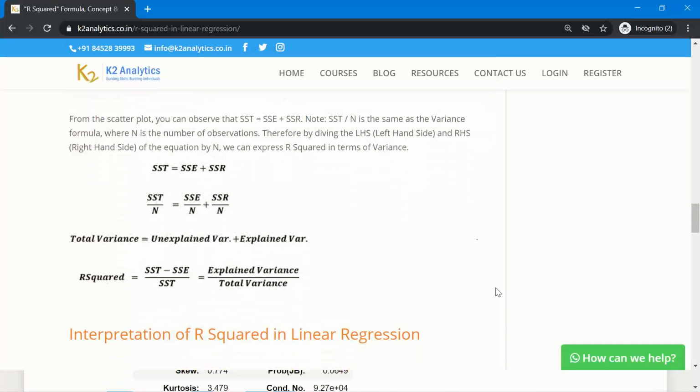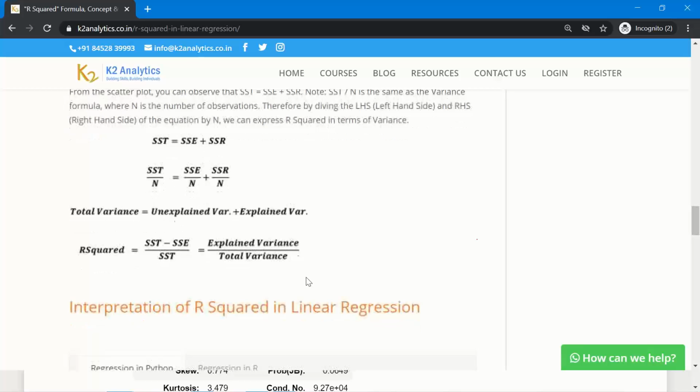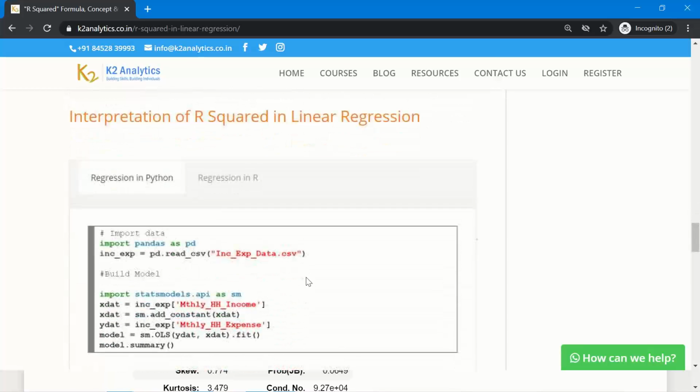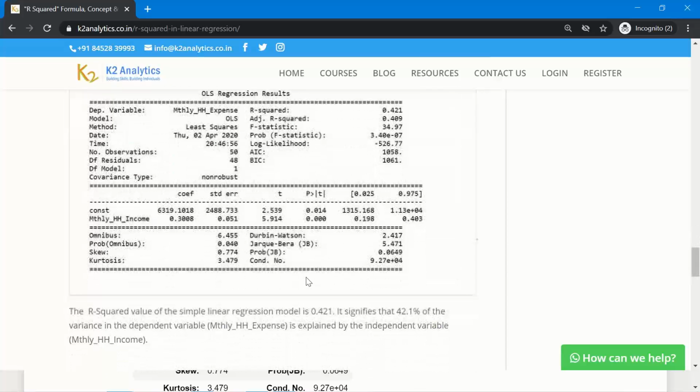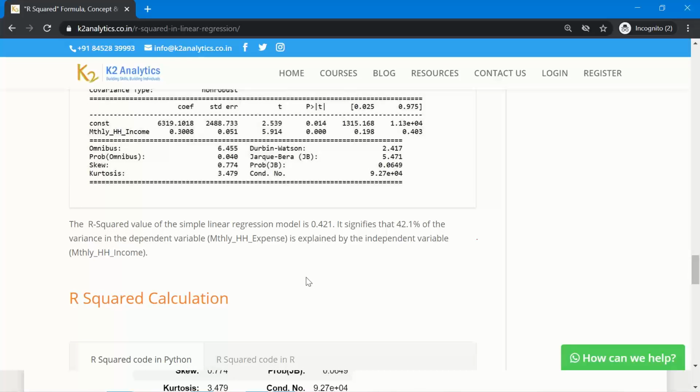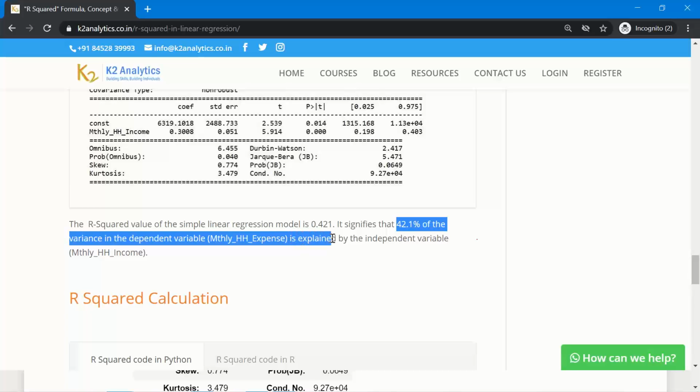R squared tells you what percentage of the total variance is explained. As you can see in the formula, R squared is explained variance divided by total variance, and the interpretation of R squared in our case is 42.1 percent of the variance in the dependent phenomenon, that is expense in our case, is explained by the independent variable, that is income.